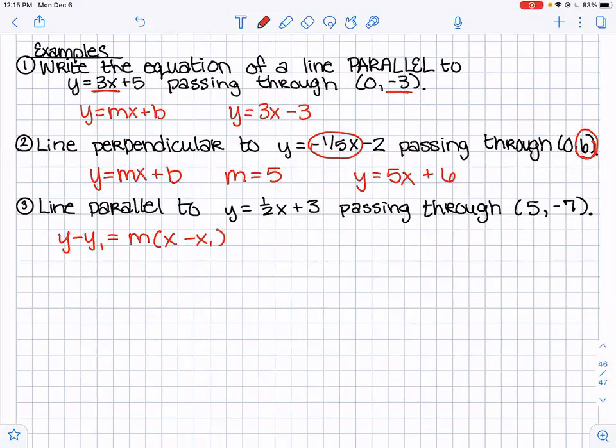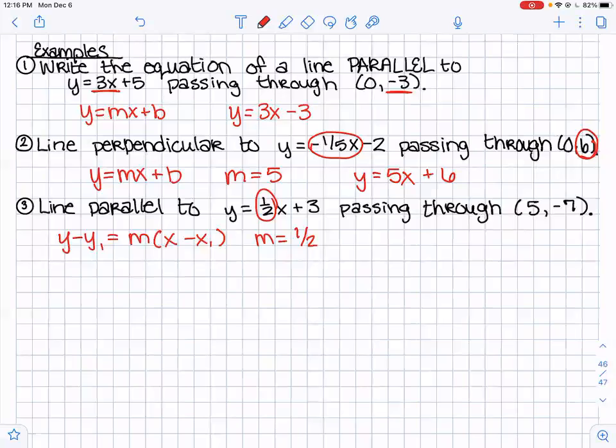So all you do is plug in x1 and y1 from the point and your slope. What do we know about the slope of parallel lines? It's the same, right? They're equal. So if the slope of this line is 1/2, what's the slope of my new line? 1/2, right? They're exactly the same because it's parallel. If it's perpendicular, then we'd have to make a negative.